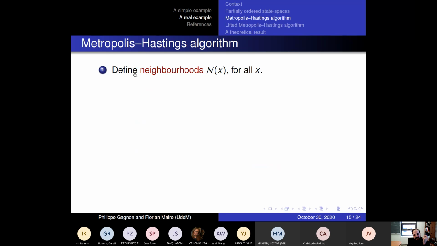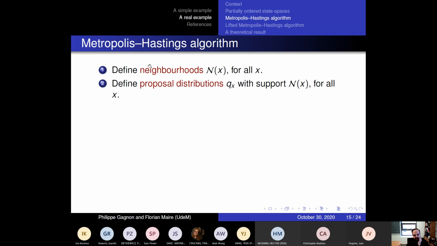Okay, so the MH algorithm in this case is really as before, but I will highlight now that you need to define neighborhoods. Maybe it's not as trivial as before. And also, I will use this notation to introduce our methodology. So to implement the algorithm, you need neighborhoods for all x, and you need proposal distributions, qx, which support the neighborhood of x for all x, okay?